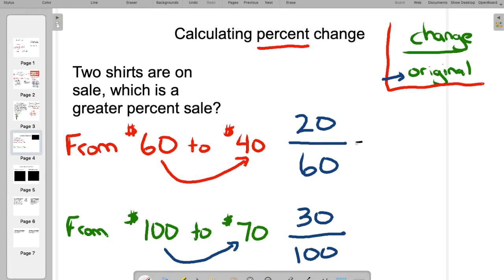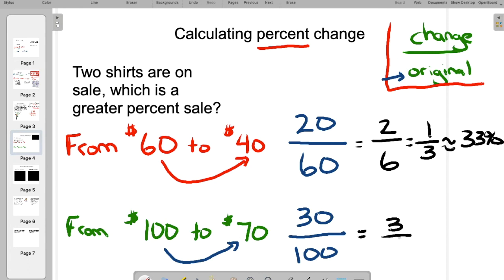So the way that I have always recommended is you simplify your fractions here. 20 over 60, if I divide the numerator and denominator by 10, I get 2 over 6, which simplifies to 1 over 3, which is about 33% for our sale. The bottom number, same idea. We're going to divide the numerator and denominator by 10. 3 over 10 is 30%.